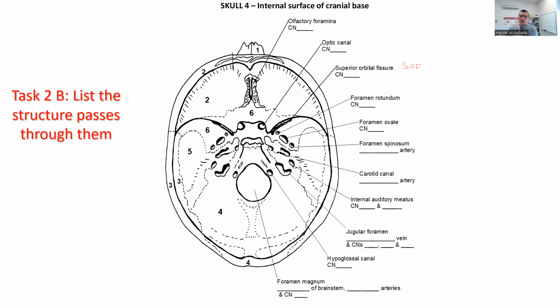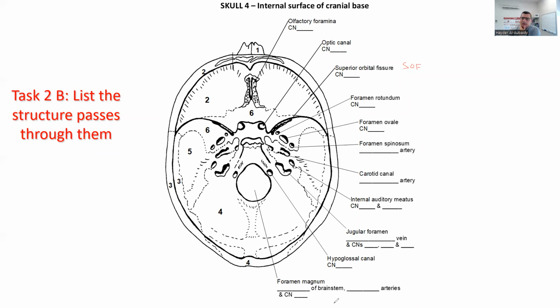All right, so here we've got these foramina. What we need is to identify the main structure that passes through them in terms of neurovascular structures. Sometimes there might be more than one structure passing, but let's go through the main components. You can also use your annotate and try to fill in the gaps here, starting from the olfactory foramina all the way to the foramen magnum structures.